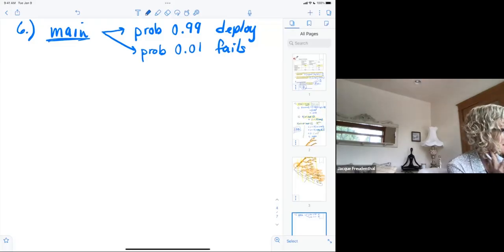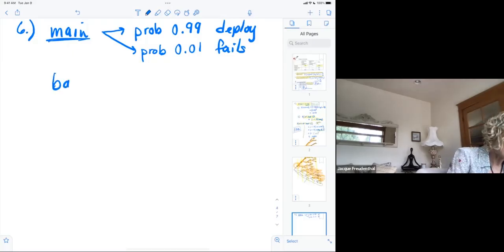Okay, and then it says, suppose that the main chute deploys with 0.99 and if the main fails to deploy, the backup deploys with a probability of 0.98. So the backup has a probability of 0.98 of deploying.